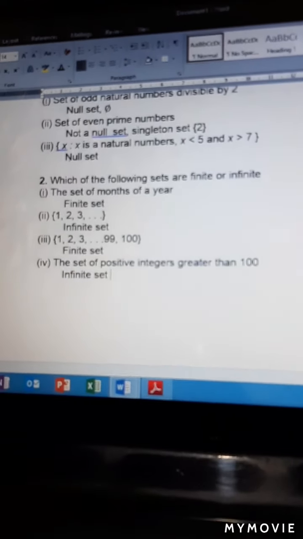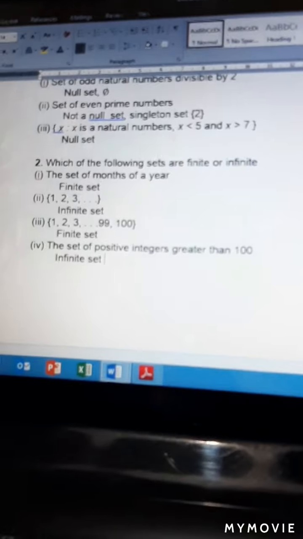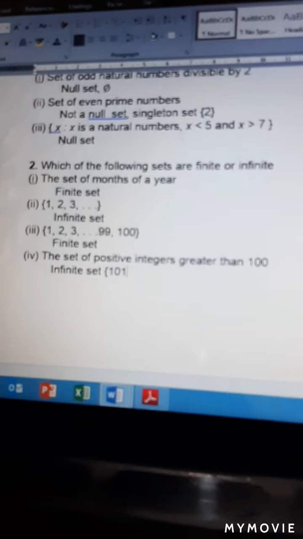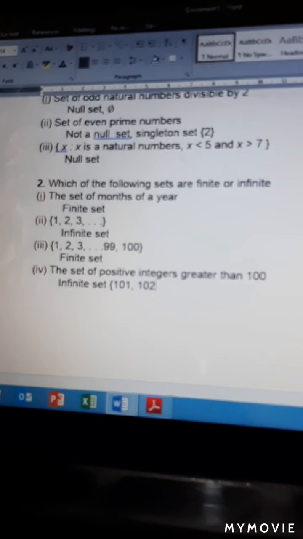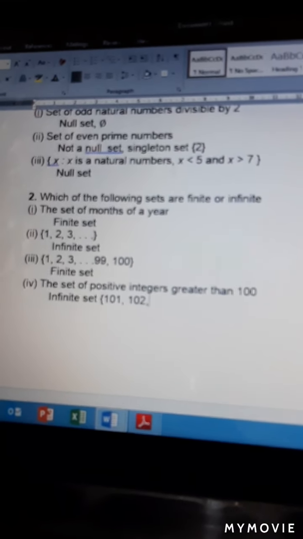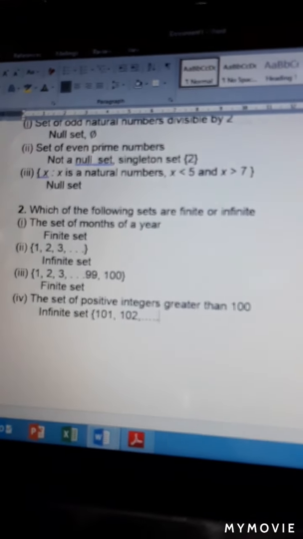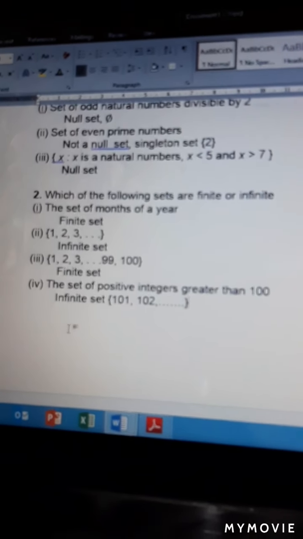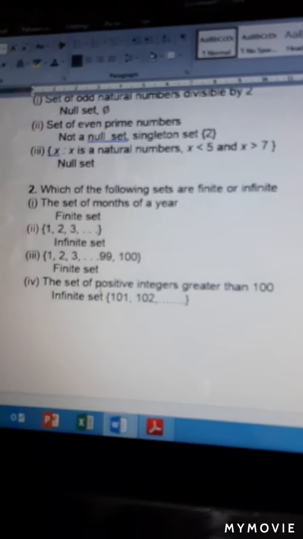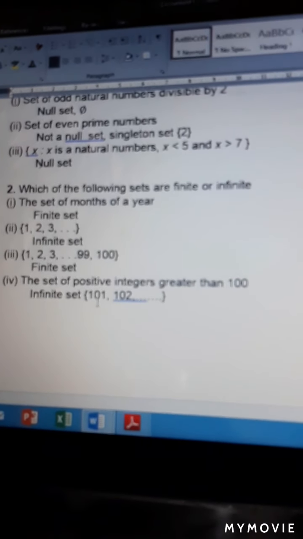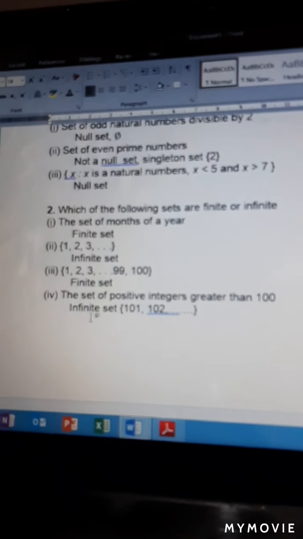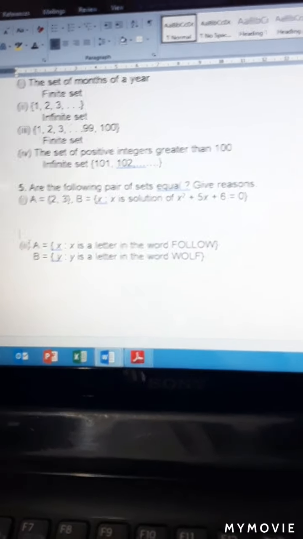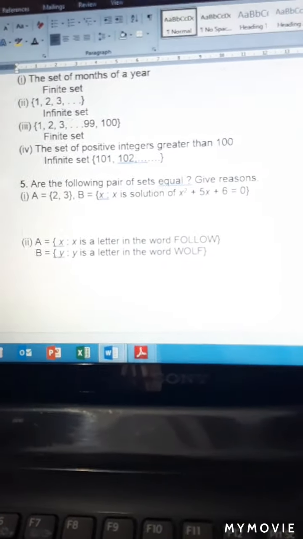In a set, if you want to write, you can write 101, then 102, then 103 and so on. So this never ends, goes on. So this is an example of a set of all positive integers greater than 100, 101, 102. This is an infinite set. Okay, so next question is the fifth one.